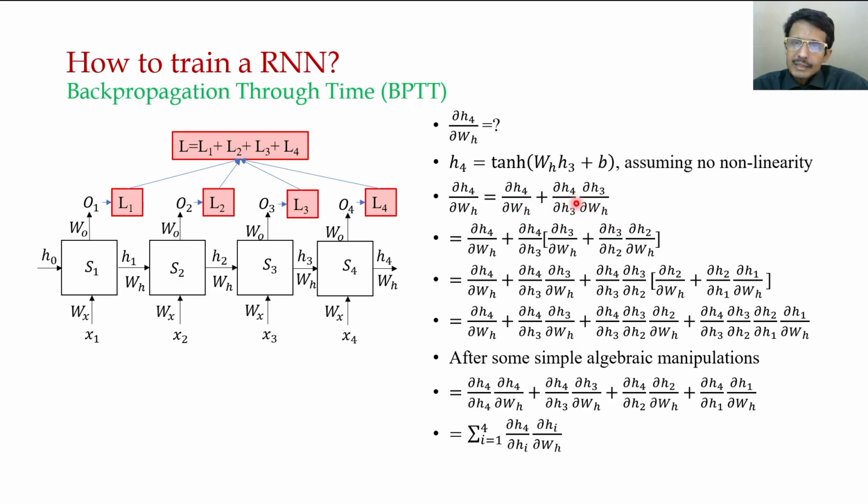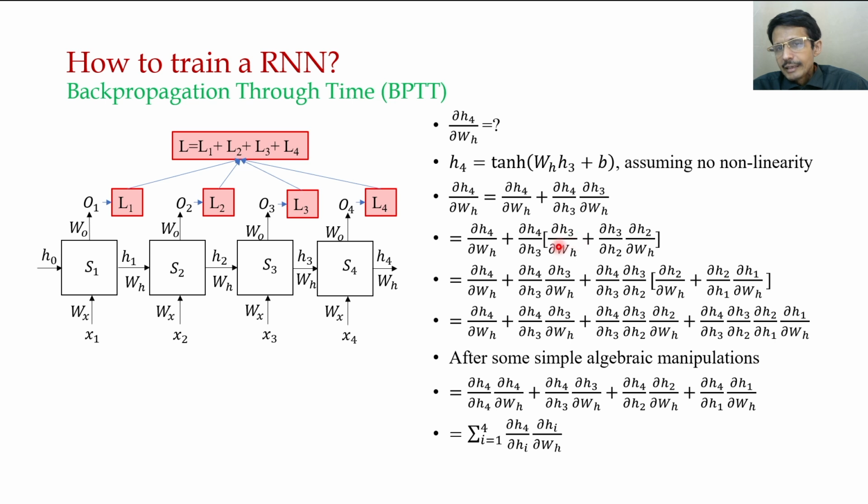Then what we are basically doing is expanding this. The rest are the same, only we put dH3 by dWH in place of dH4 by dWH. We put 3 here, and now it is coming from 2, so it is 2.